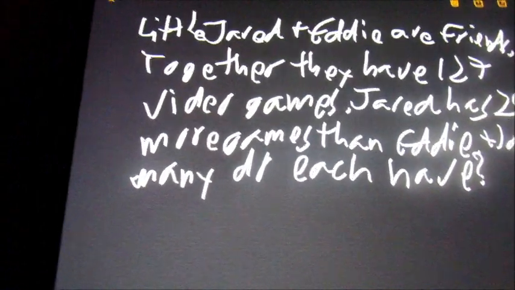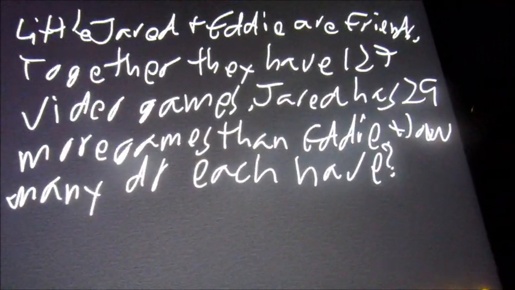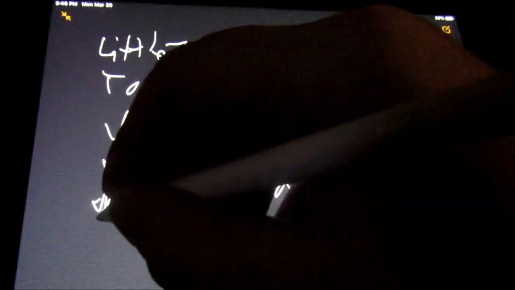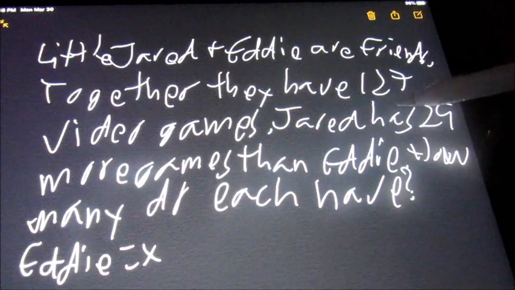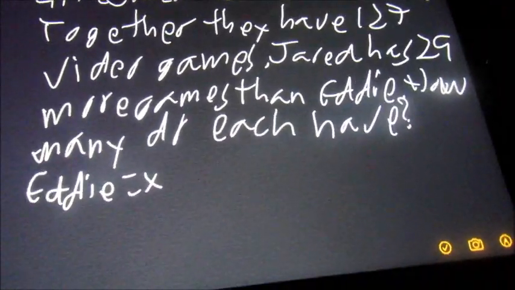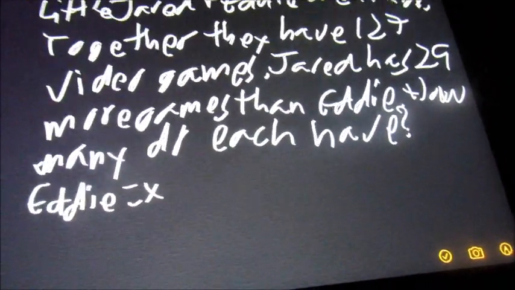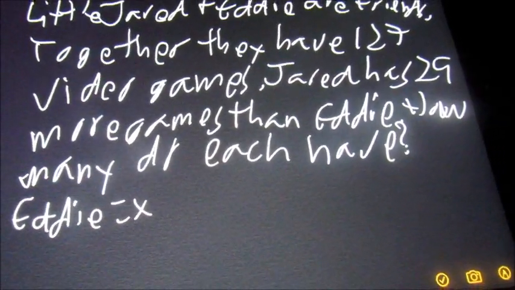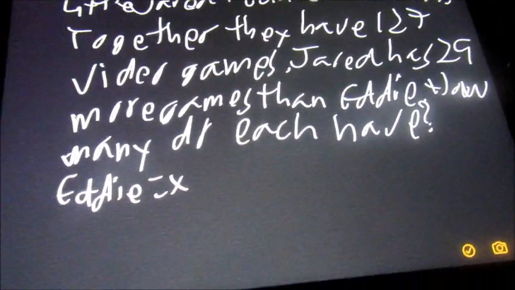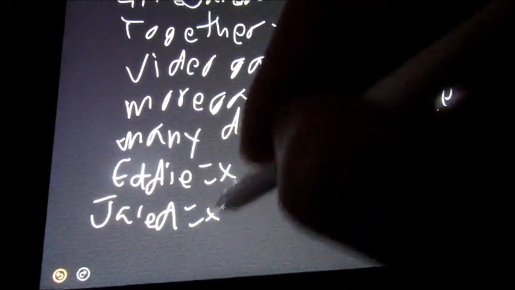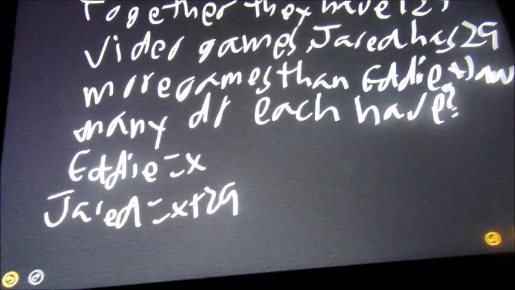So one way that we can put this is that Eddie equals X, because we have no idea what Eddie has, but Jared is compared to Eddie. So we put Eddie as X, and Jared has 29 more, which means plus. So Jared equals X plus 29.